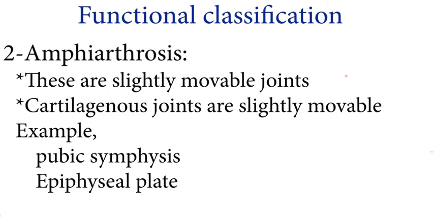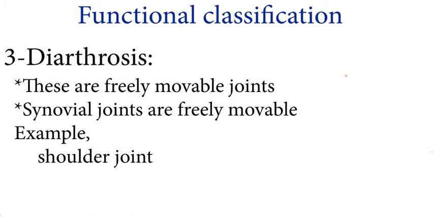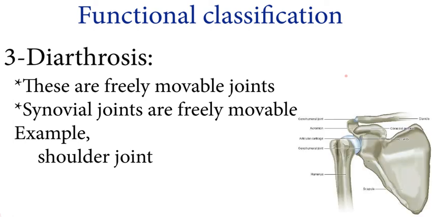Second is amphiarthrosis. These are slightly movable joints. Cartilaginous joints are slightly movable joints. Examples are the epiphyseal plate and pubic symphysis. Third one is diarthrosis. These are freely movable joints. Its example is synovial joints. Ball and socket joints are freely movable.